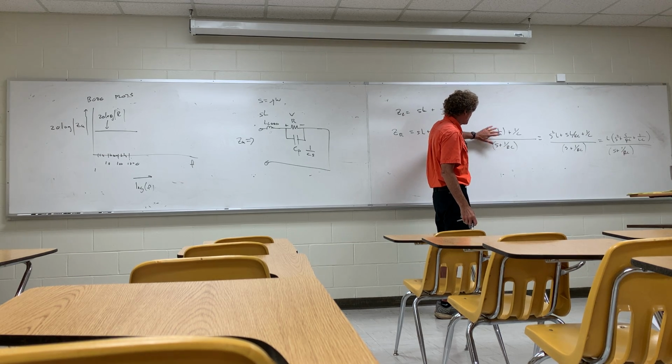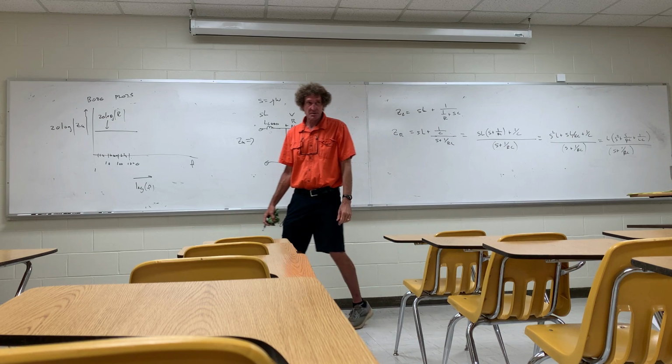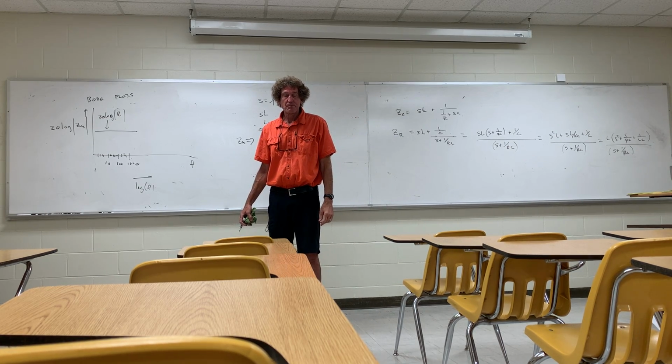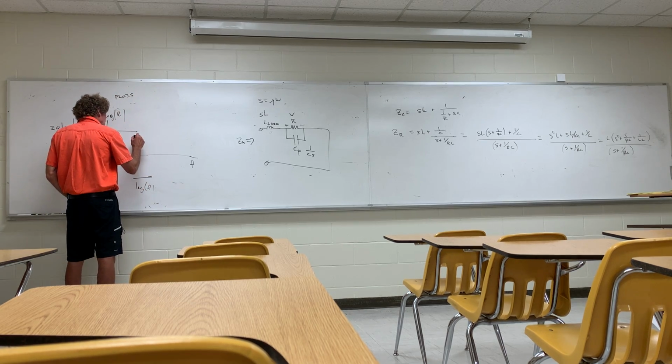When S goes to 0, this top part goes away, that goes away. I have 1 over C times 1 over RC, flip that, you get R, as S goes to 0. Y'all follow me on that? It's just R, so 20 times the log R. Then there's the first break frequency, I call it, right at this point.